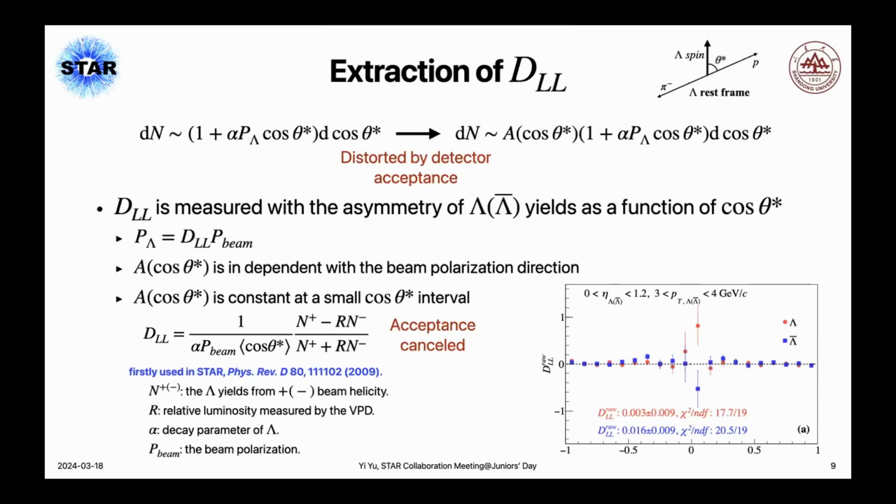And because of the detector effects, the angular distribution of the decayed proton is distorted by the detector acceptance.